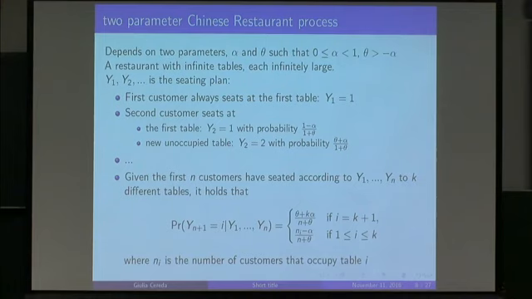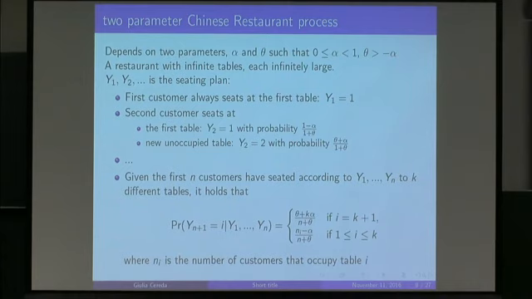He could either choose to go to a new table, the (k+1)th table, with probability proportional to theta plus k alpha. You see exactly this probability, but there k was equal to 1. Or he could choose one of the already occupied tables, and this will be done with probability proportional to ni minus alpha, where ni is the number of people sitting at that table. So he has k plus 1 choices.